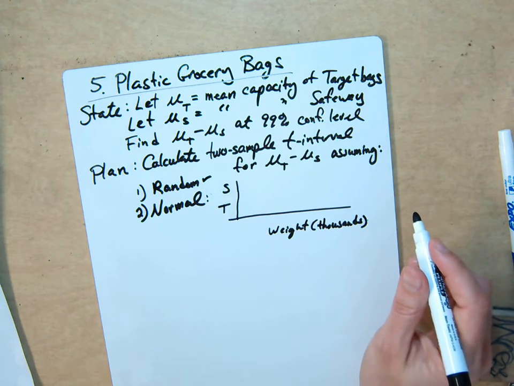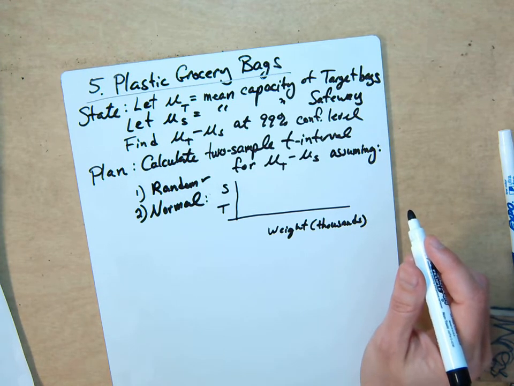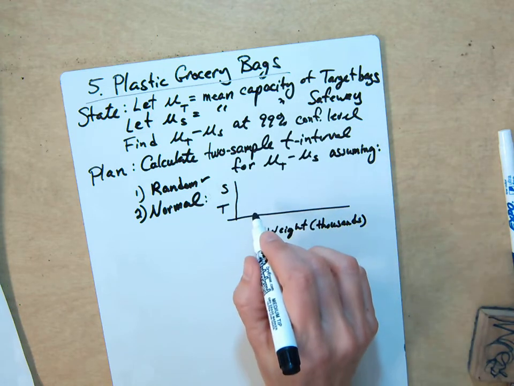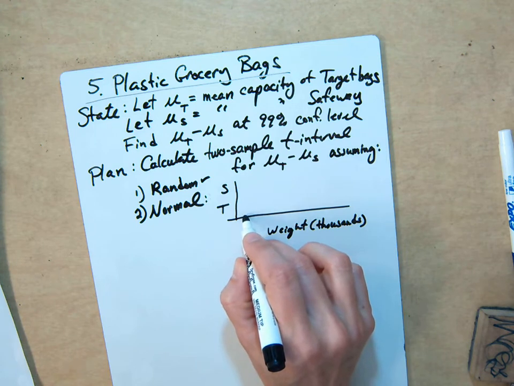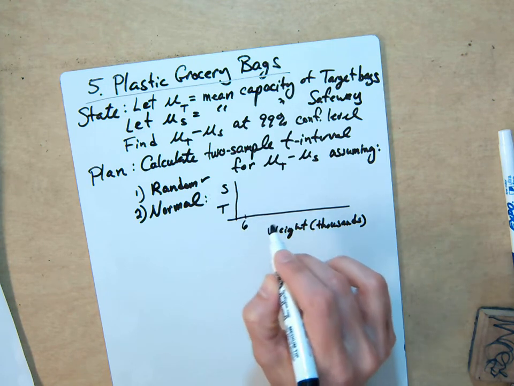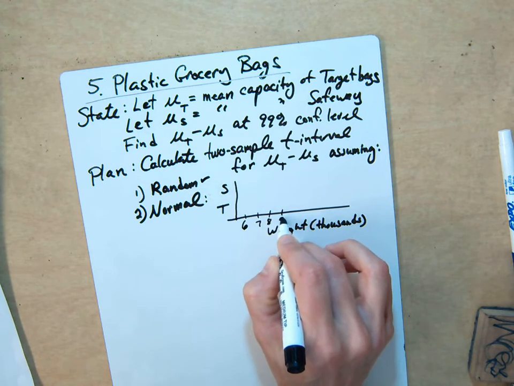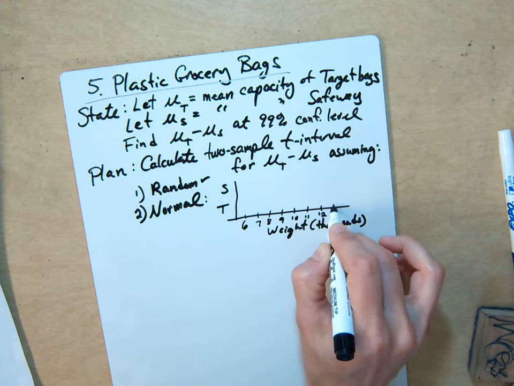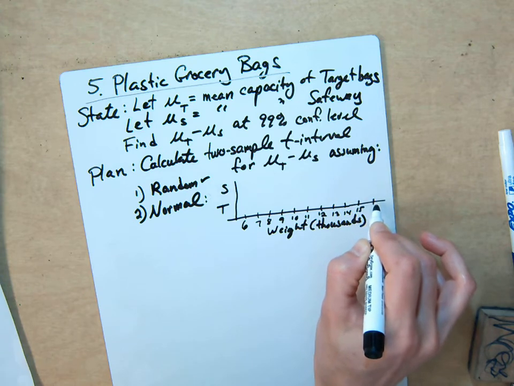And looking at the numbers that were given, like 12,000, 13,000, the biggest was 15,000. The smallest is 6,000. So we'll do 6,000, 7, 8, 9, 10, 11, 12, 13, 14, 15.